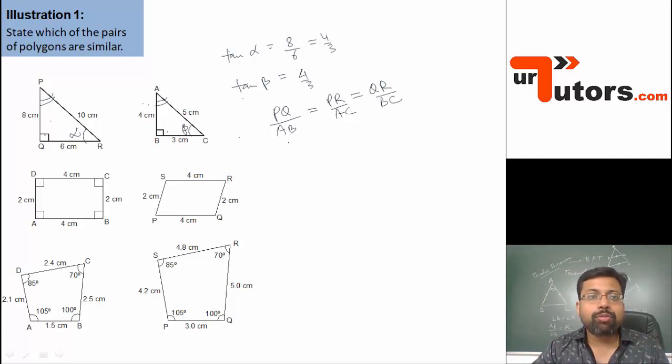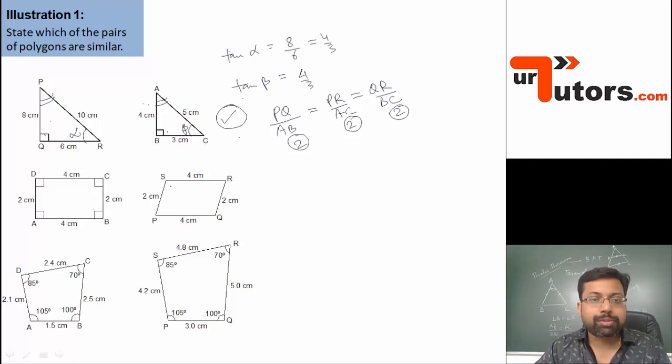PQ by AB is 8 by 4, that is 2. PR by AC is 10 by 5, which is 2. And QR by BC is 6 by 3, which is 2. So all three conditions are satisfied. Hence we can say that these two figures are similar to each other.